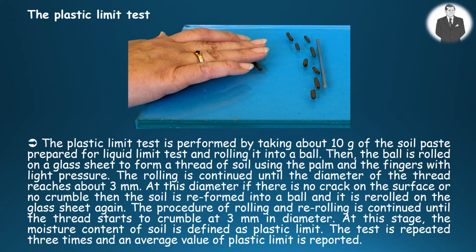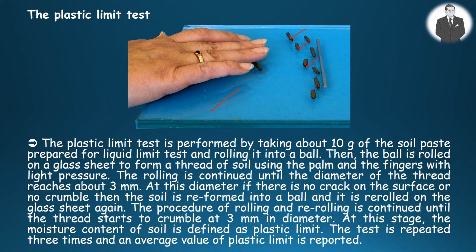Then the ball is rolled on a glass sheet as shown in the figure to form a thread of soil using the palm and the fingers with light pressure. You shouldn't apply high pressure, otherwise your sample will be crushed. The rolling is continued until the diameter of the thread reaches about 3 millimeters, as illustrated in the figure here.